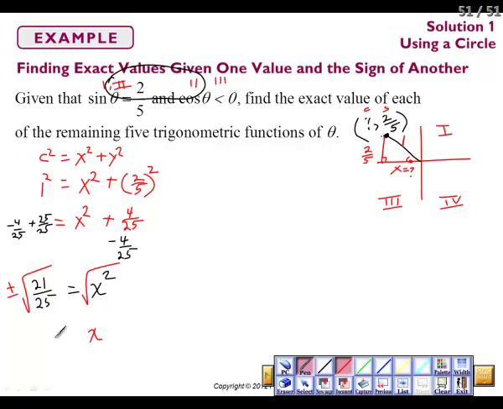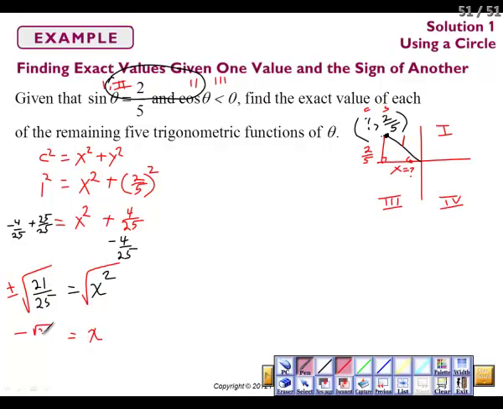Well, now at this point we can split it. Okay, and another thing is, since we are operating out of quadrant 2, is this value going to be positive or negative? Well, because cosine is like x, you should have said negative. And what we're going to do here is we're going to split this.